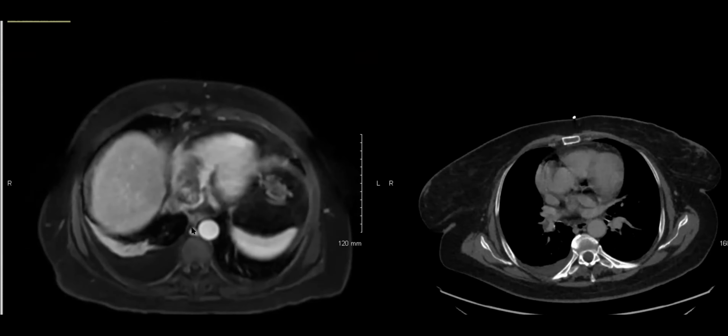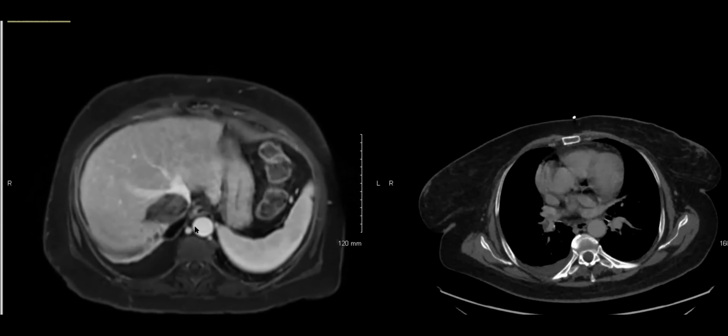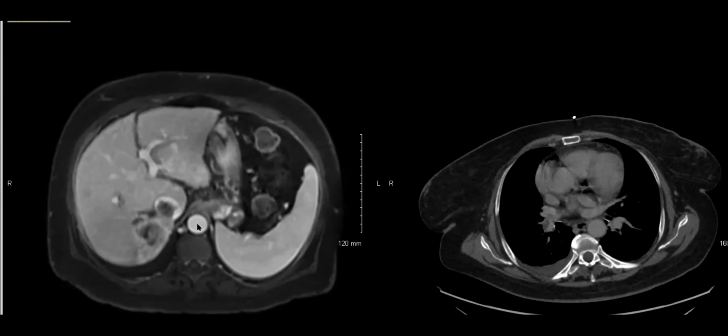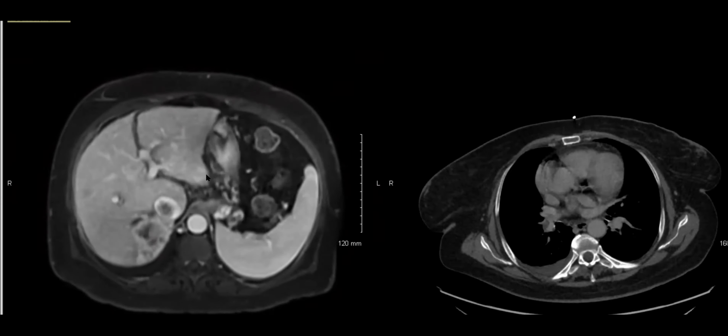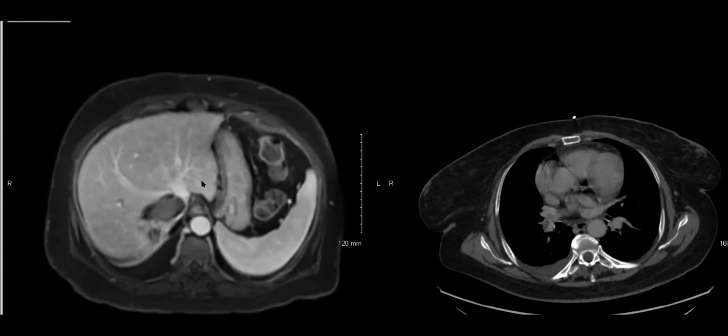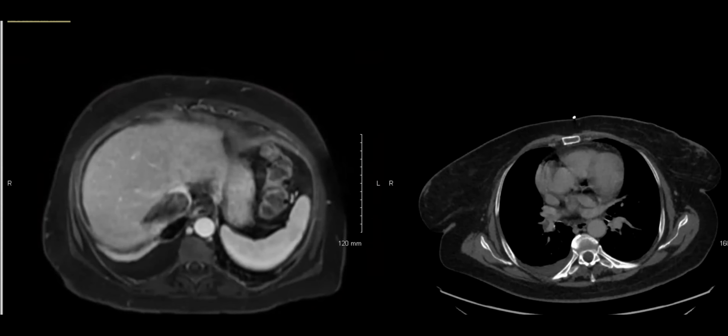So I asked if that is something they could possibly do here. They decided it was just going to be such a morbid operation that they were not going to prolong her life with it. So that was that.